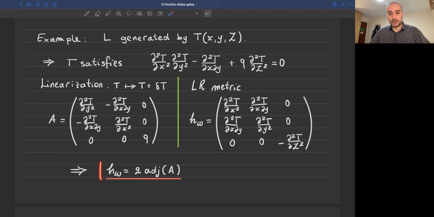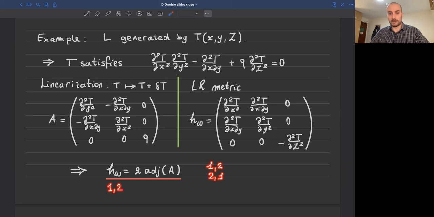Then thanks to this relation, if A has these eigenvalues or these ones, then H is going to have these eigenvalues, okay? While if A has one positive and two negative eigenvalues, or vice versa, then H is going to have one positive and two negative eigenvalues.